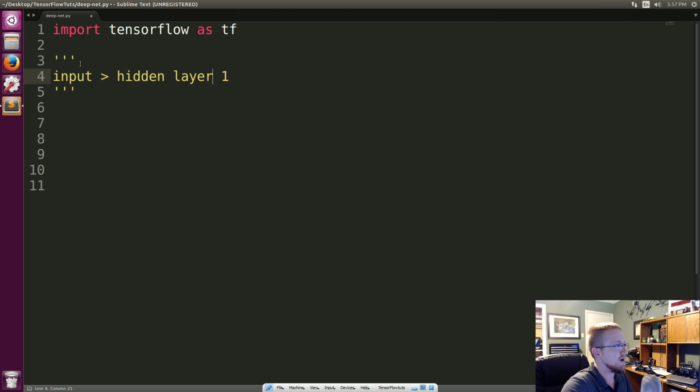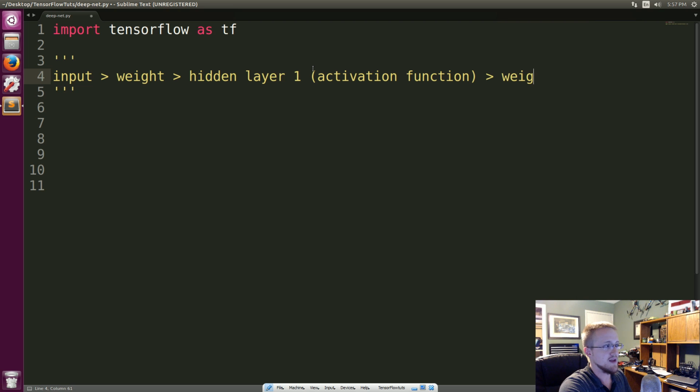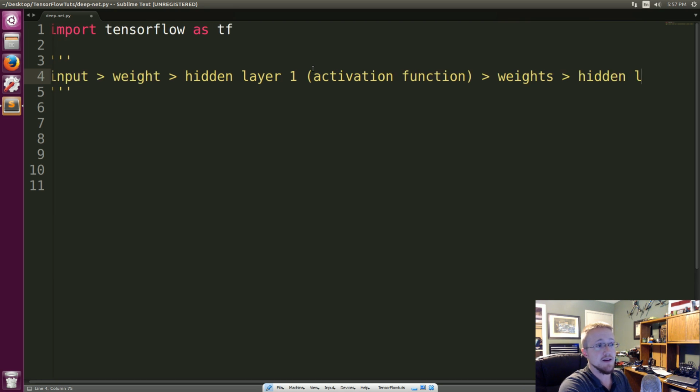On the way, we weight it, and then it goes to hidden layer 1, and that's with unique weights. And then from hidden layer 1, we're going to run that through some sort of activation function, okay? And then we take that and send it on, along with weights, to hidden layer 2.